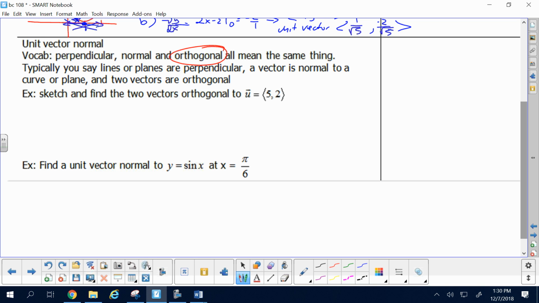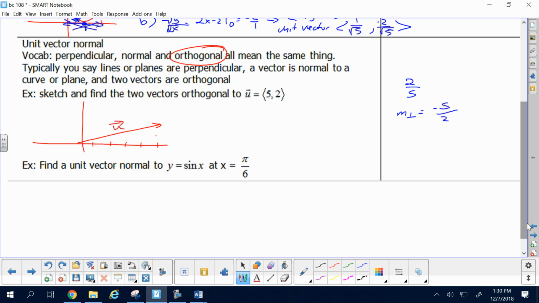Sketch and find the 2 vectors orthogonal to (5, 2). If I gave you vector u, which is right 5 up 2, there are 2 vectors orthogonal to vector u. How could you stay perpendicular to u? When I say the slope is 2/5, what's the perpendicular slope? -5/2. So wouldn't you agree we switch the components and put a negative on one?